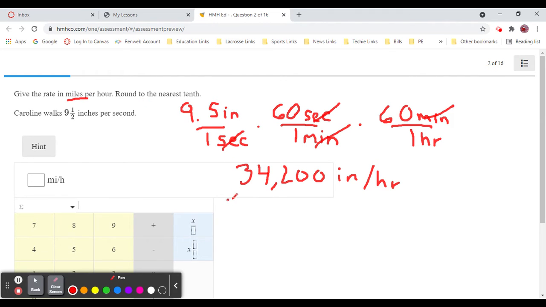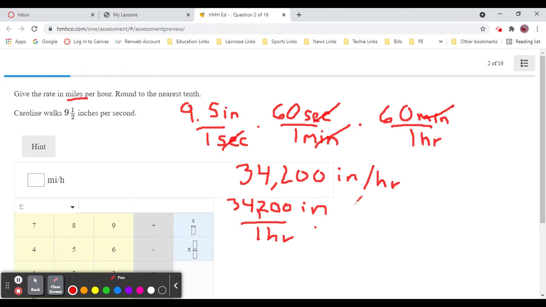Now I'm going to take that 34,200 inches in 1 hour and convert that to feet, and then convert it to miles. So how many feet are in an inch?